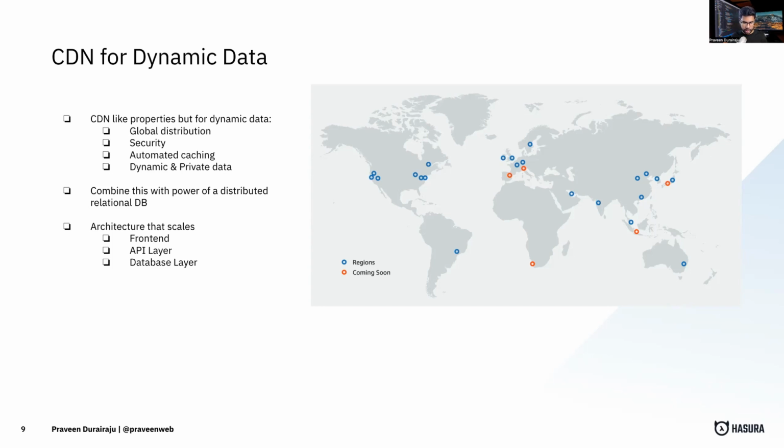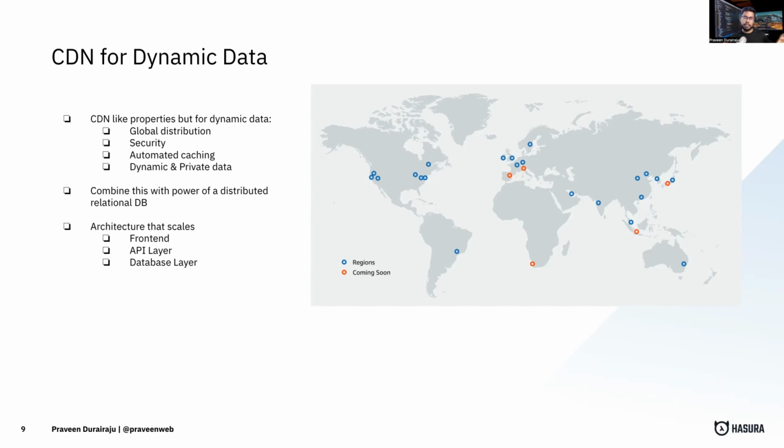So you have front-end apps which can be deployed usually with serverless solutions like Vercel or Netlify, or these Jamstack solutions, or you can even put it in S3 for static sites, and you can have it multi-region as well, which will load from these regions. So combining your front-end app, which is already serverless, and your API layer, Hasura Cloud, which is highly available across all regions with caching.